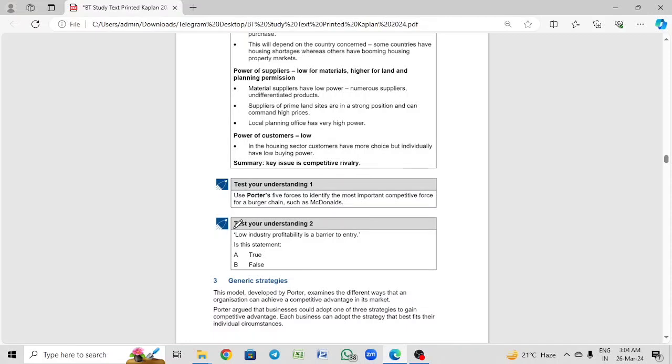So first is the competitive rivalry. Competitive rivalry is the number of competitors in the market and the prices that the competitors charge. The firm available as a competitor to McDonald's is Burger King. Next, the threat of entry is high because the capital requirement is not much.